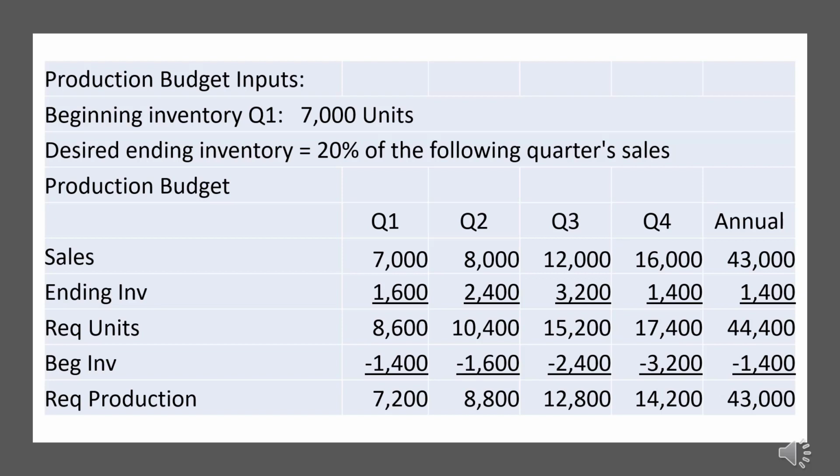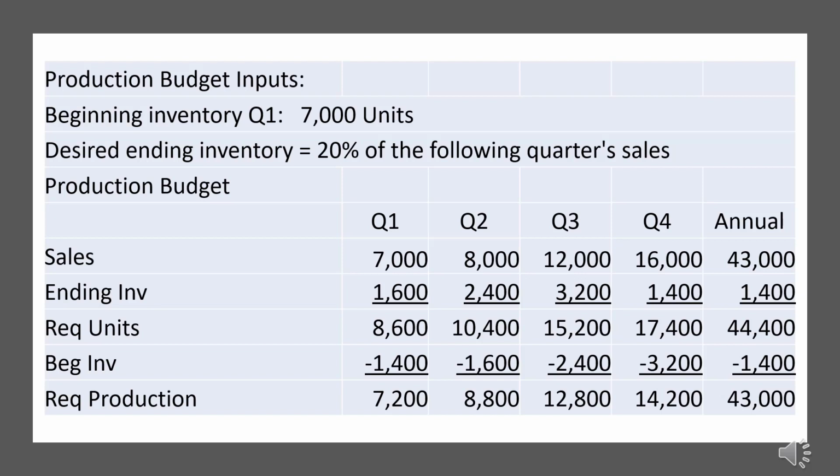The Q4 inventory is based on 7,000 worth of sales contemplated in Q1 of the following year. And this 1,400 reaches back to the beginning of the year that I carried into the year from Q4 of 2020. That's why they look the same, but they're totally different.